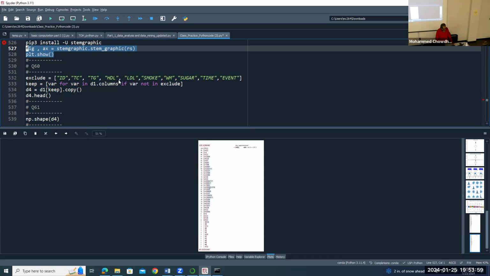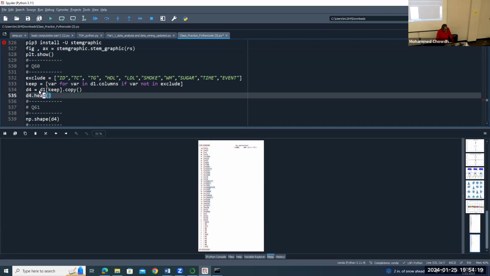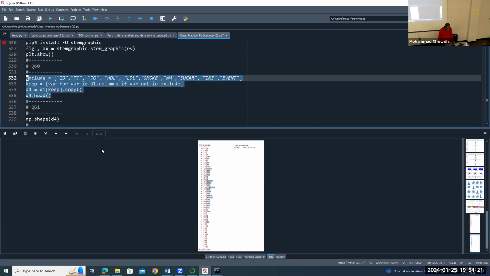So I name them exclude, and the variables that I want to keep, I name keep. Then I wrote the code: for bar in D1.columns if bar not in exclude. And then I took the original data D1 and keep and copy.